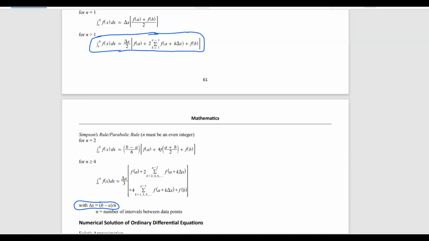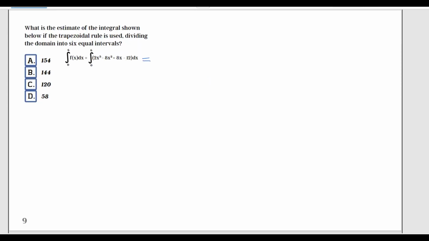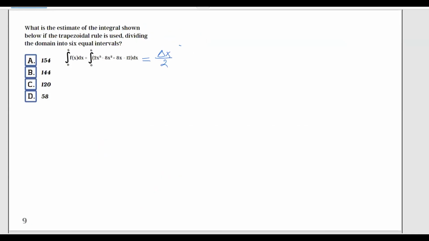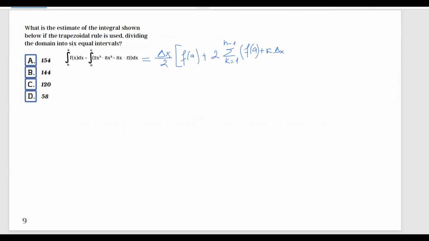So let's write the formula down for the trapezoidal rule. Here we're going to have delta x over 2, and then we're going to have f of a, plus 2 times the sum of k equals 1 all the way to n minus 1 of f of a plus k delta x, plus f of b.